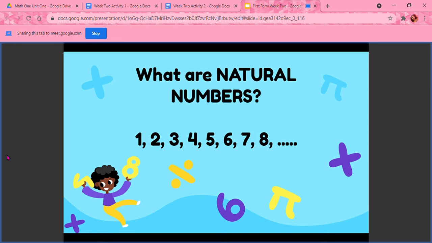So 1, 2, 3, 4, 5, 6, all the way, and I could include 100, 145, 260, 897. All of those are counting numbers. Those are the regular numbers that we use. So if I give you the number 875 and ask what kind of number it is, the first thing you should tell me is that's a natural number. That's a counting number, a regular number that I'm using.